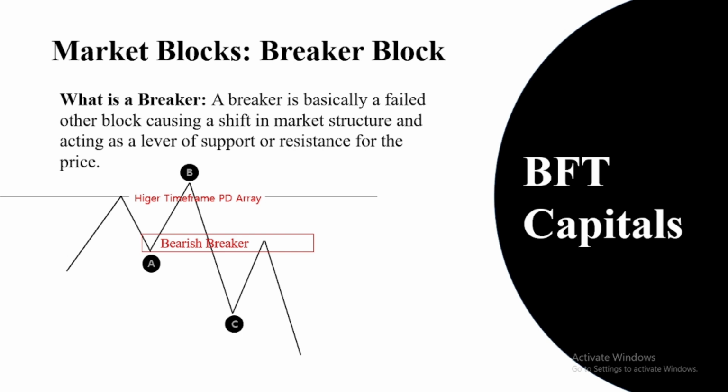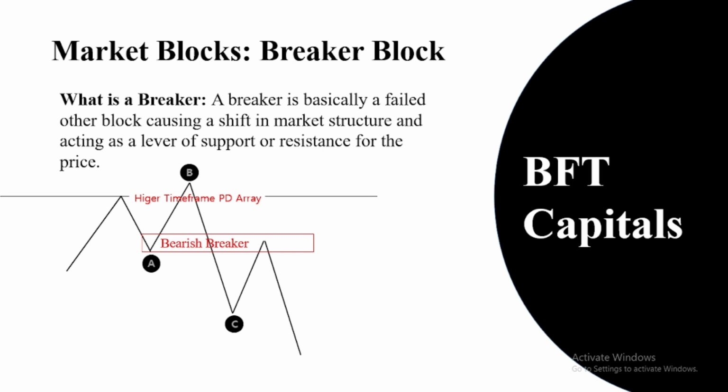But if your bias is bearish and then the sentiment too is bearish, and then you saw something like this, a bearish breaker block, it is likely going to hold because price is in a bearish sentiment.